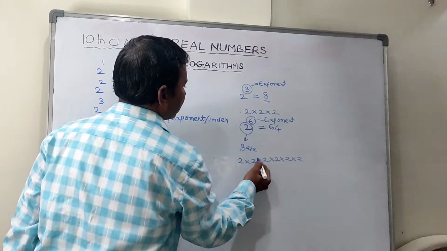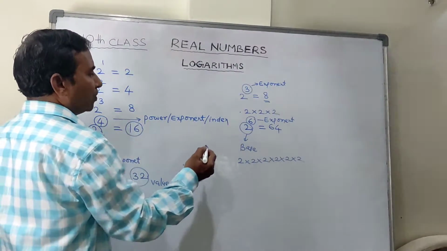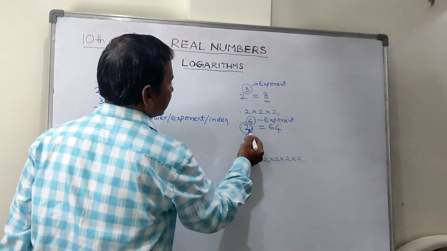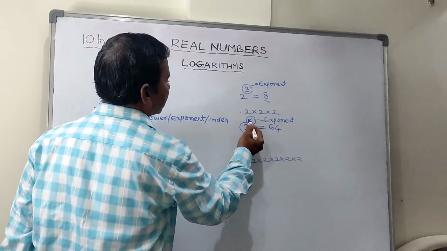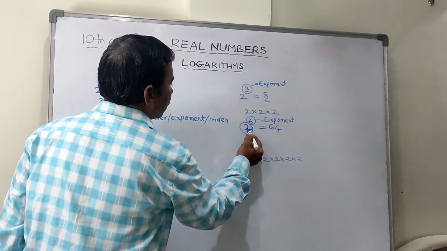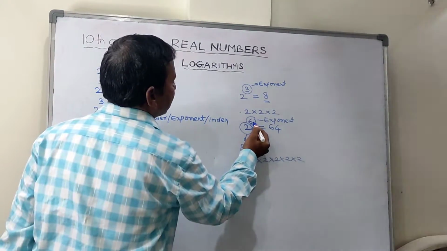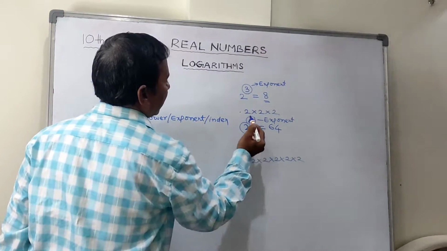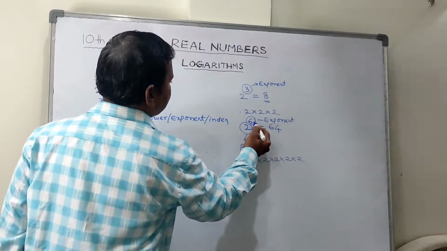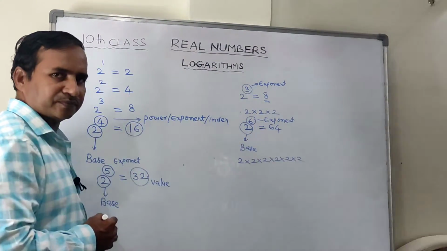So, 2 is multiplied 6 times. It means 2 is raised to 6 to get 64. So, how many times 2 is multiplied is called the exponent of this value. 2 power 6 means 6 is nothing but 2 multiplied 6 times.